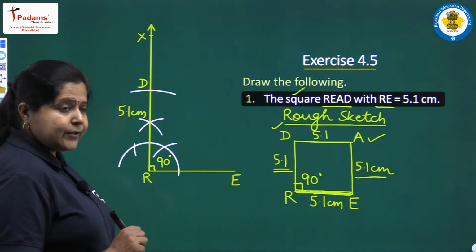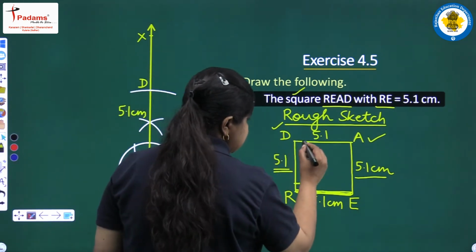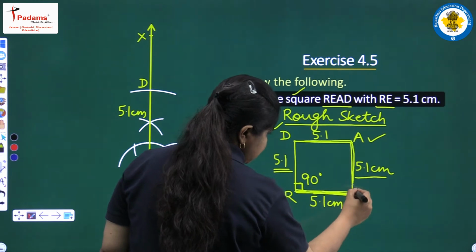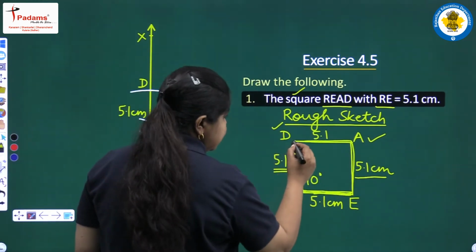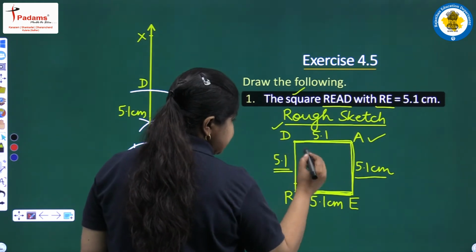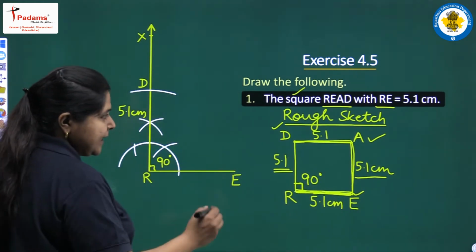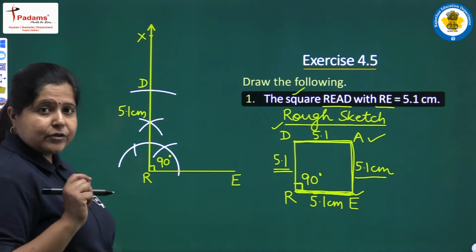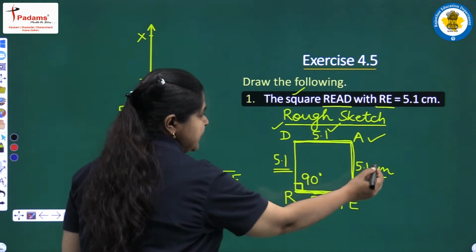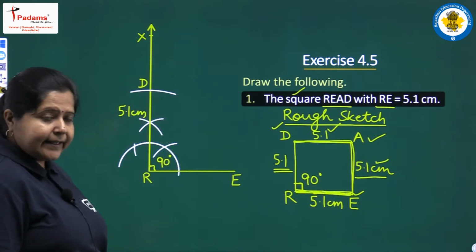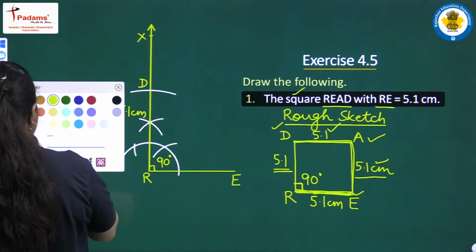Or what we can do is, we know that this distance is 5.1, this distance is again 5.1. So we can take the center at point D, take the center at point E, and then get the point of intersection of two arcs of radius 5.1 each, and then we will get point A. So we will follow the second step.